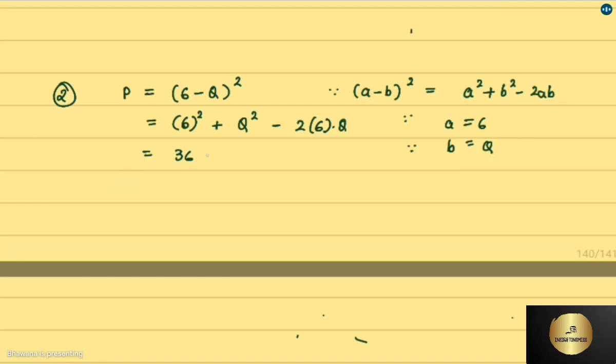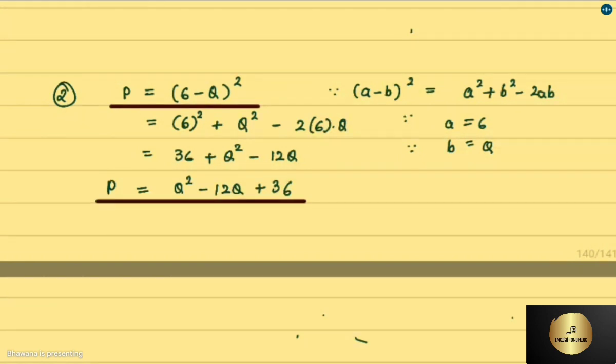So you will get 36, square of 6 is 36, q square minus 12q. Okay, you can also write it in this way, q square minus 12q plus 36. So you will get this value. So these two functions are same. इसको expanded form में इस तरीके से लिख दिया है.